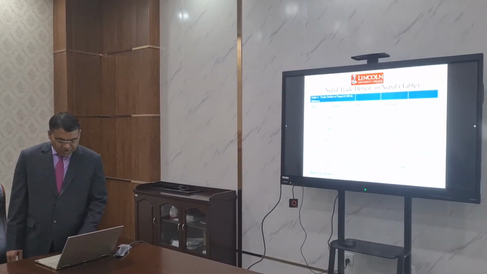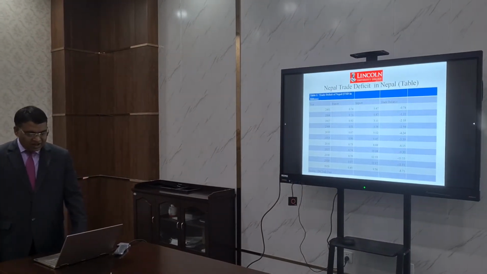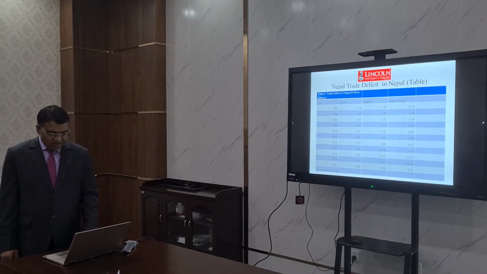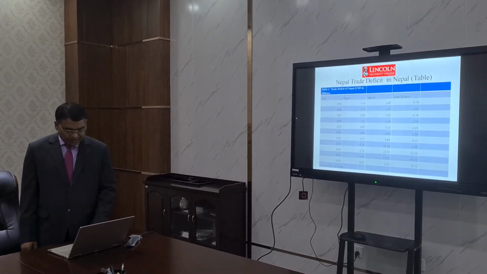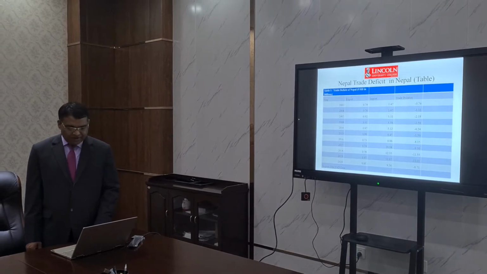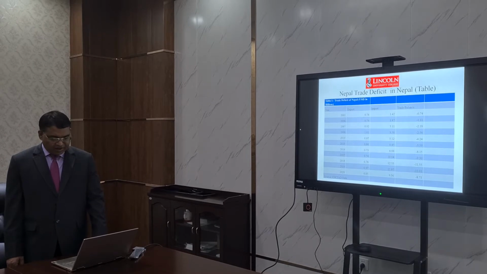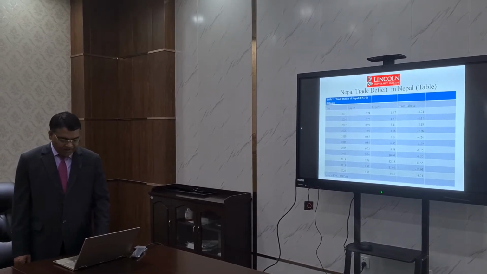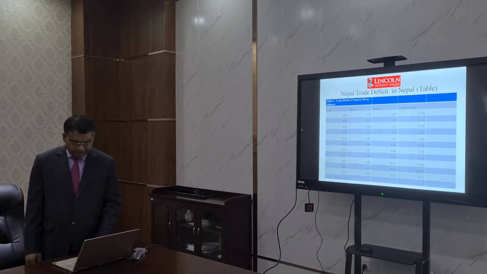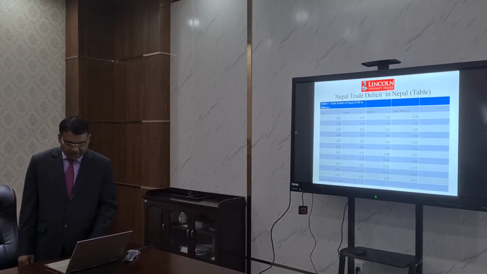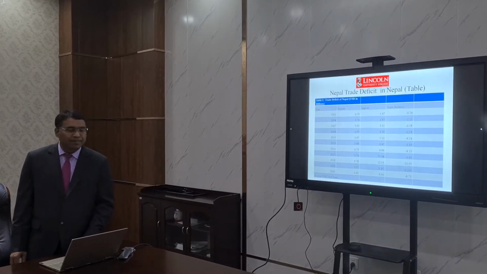Likewise, in 2020, Nepal exported 0.85 billion US dollars of goods and imported 9.56 billion dollars, resulting in an 8.71 billion US dollar trade deficit of Nepal.